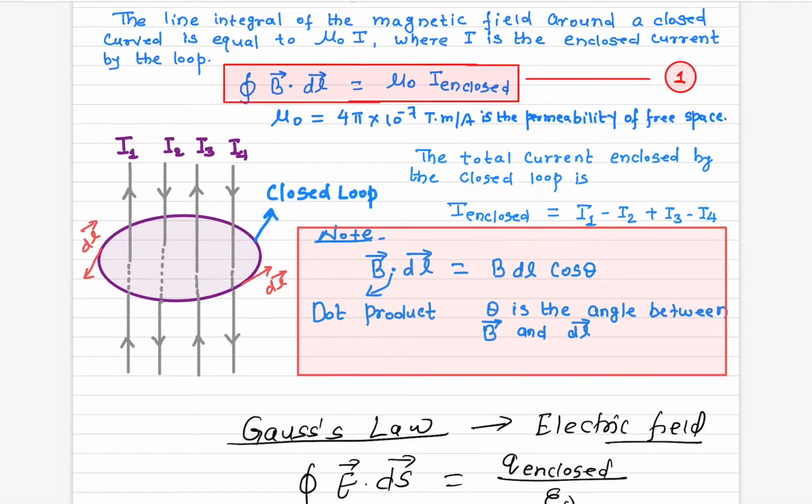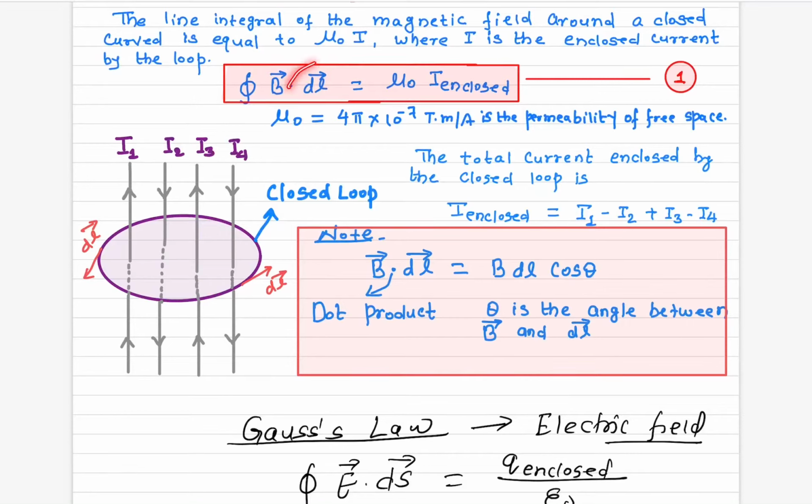In this case, all the current that is coming out of the loop is considered positive, and all the current that is going into the loop is taken as negative. So I1 is coming out and I2 is taken as in. So I1 minus I2 plus I3 minus I4 is the enclosed current, and if I multiply by mu naught, this would be the integration of B vector dot dl vector.